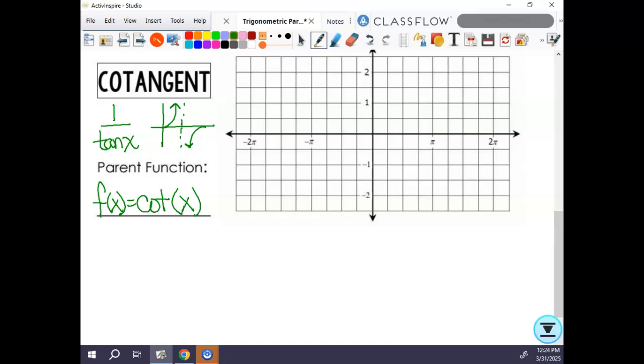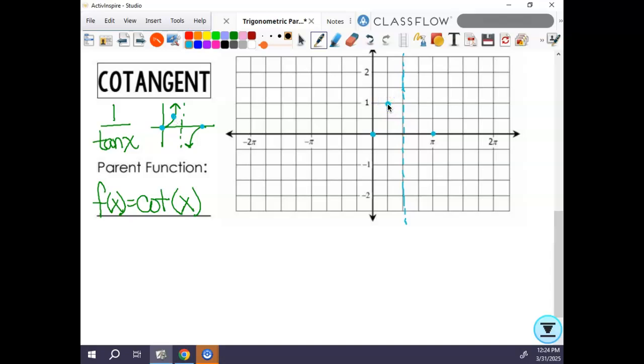Then you can grab your colored pencil. I have this point, tangent starts at 0, 0, so I'm going to put a little point for 0, 0 there. What is the period for tangent? Pi. So this other point is here at pi. Okay. Halfway between those two, I have a vertical asymptote, all with my colored pencil here, just so it's all the same color for tangent. Halfway between the 0 and the asymptote, I'm up at 1.